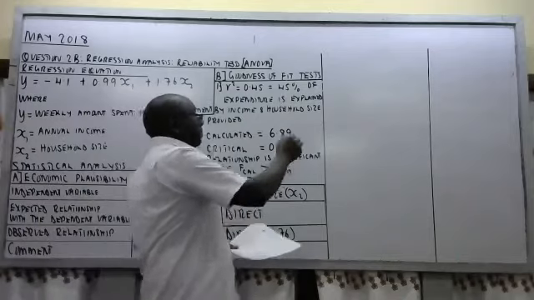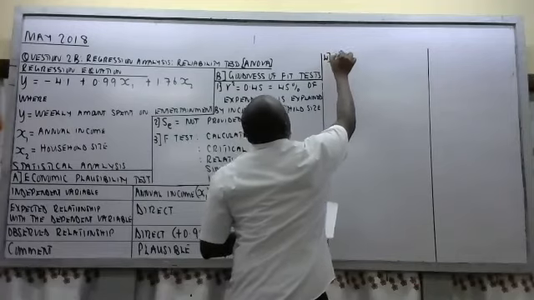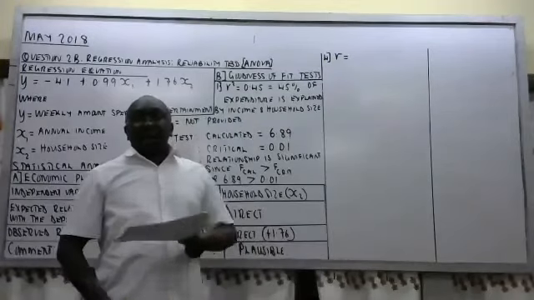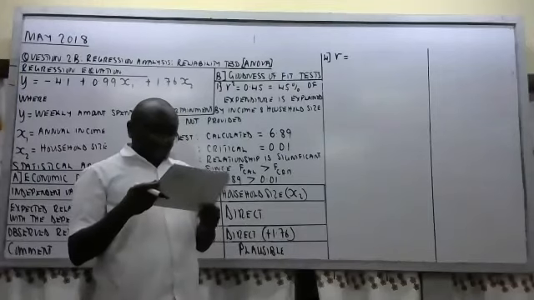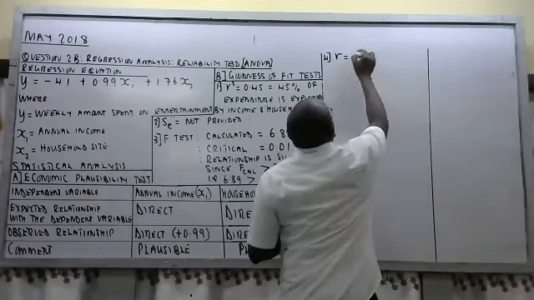Number 4 we know is R, the multiple R, the correlation coefficient. You can see multiple R, we are given 0.67.